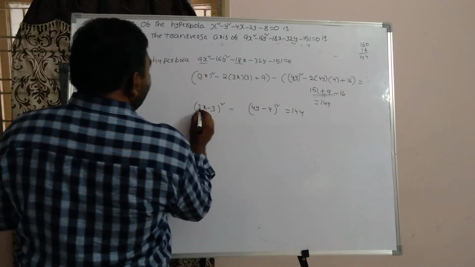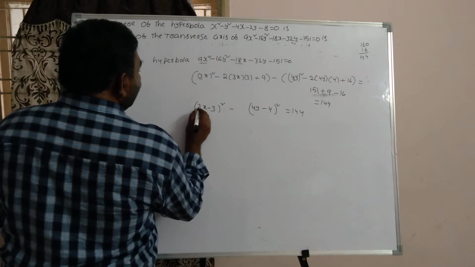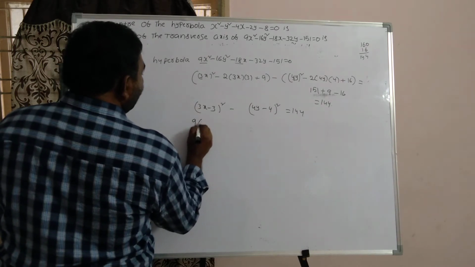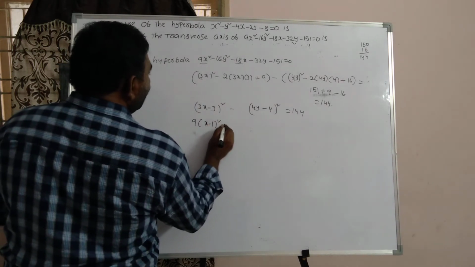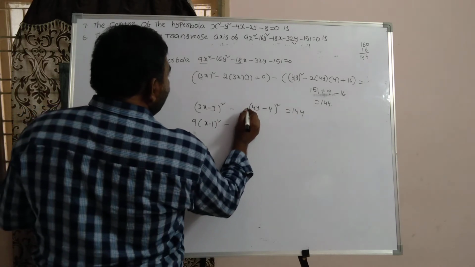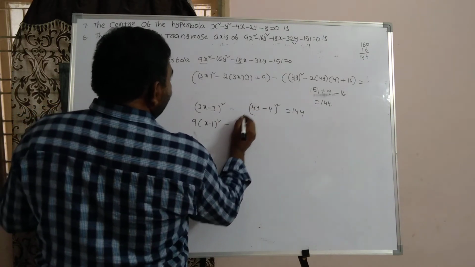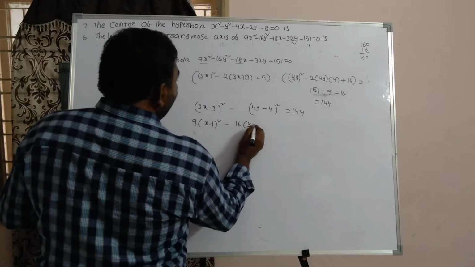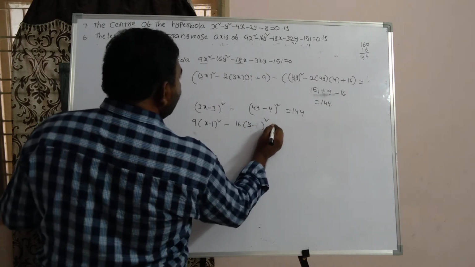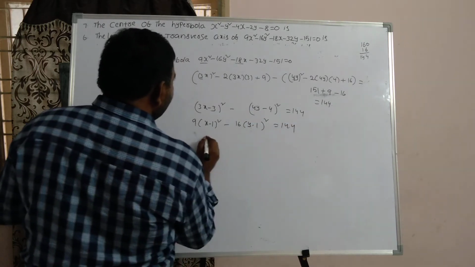Here 3 take common, it becomes outside 9, 9 of x minus 1 whole square. Here 4 outside, 4 square, that means 16 of y minus 1 whole square is equal to 144.